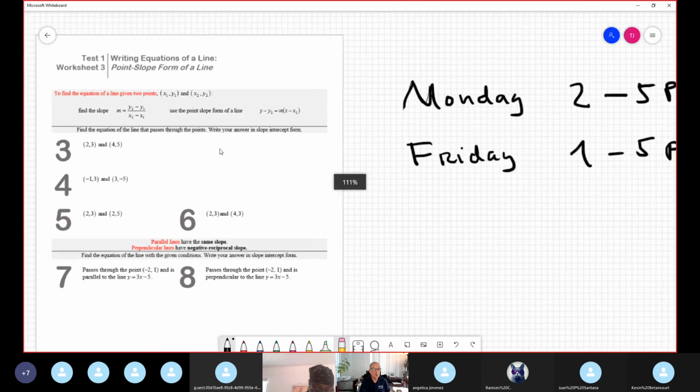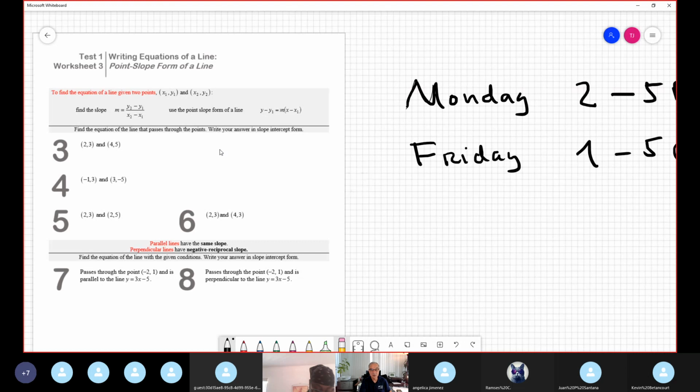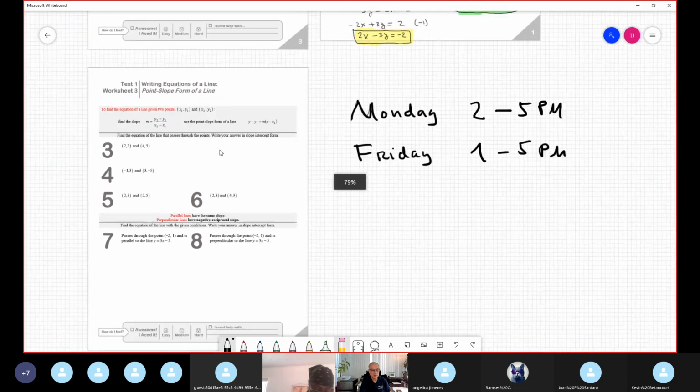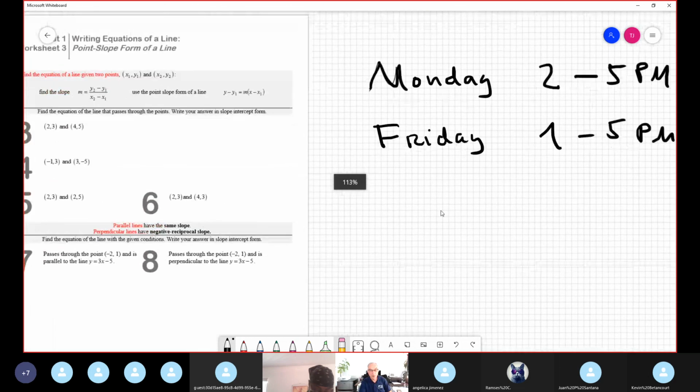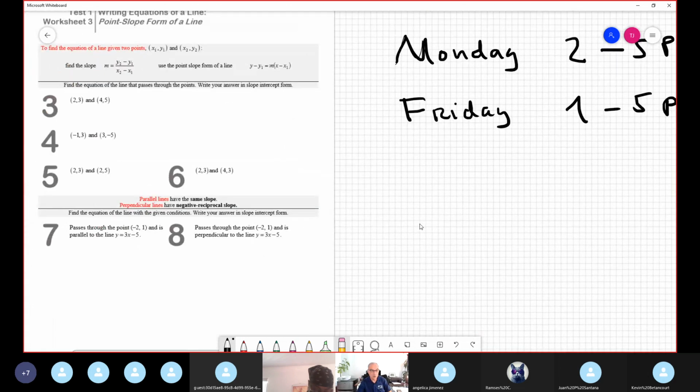You find the equation of the line. This is more complicated. We did number 1 and number 2. Now number 3.